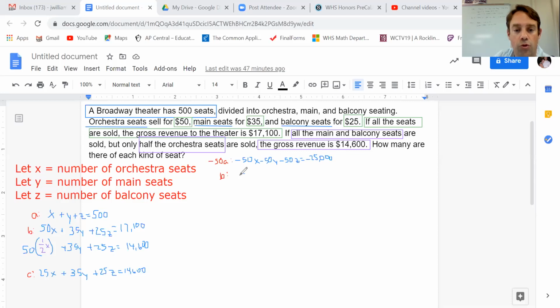And I have 50x plus 35y plus 25z equals 17,100. Add straight across, I get negative 15y minus 25z equals negative 7,900. So we'll call that D.